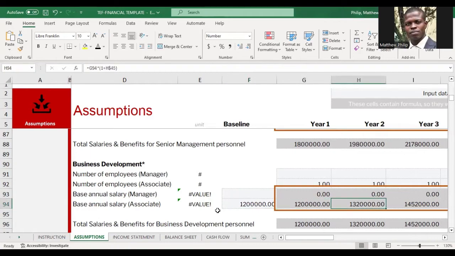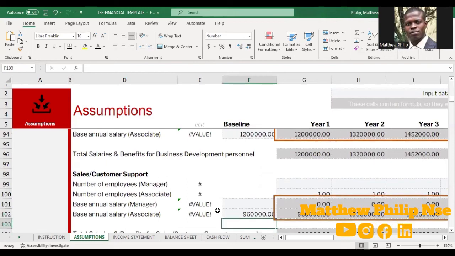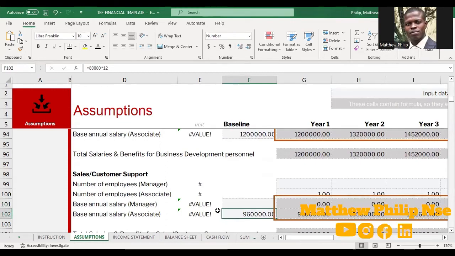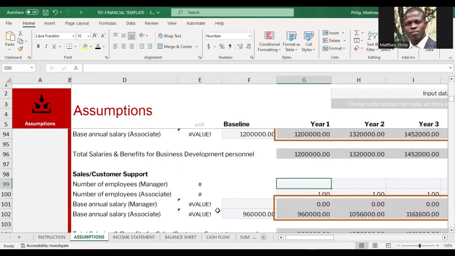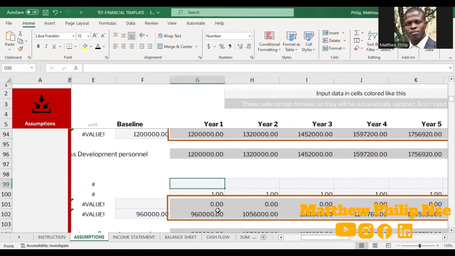Okay, so we'll now move to the next one, which is sales support. For sales support, this person is not recruiting a manager, but there's an associate and it's one person, and the salary is 60,000 naira. Don't forget, if it was a manager, you input the salary here and the number of staff in that category will be in these cells.